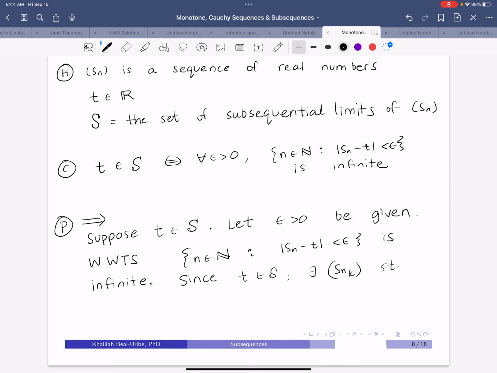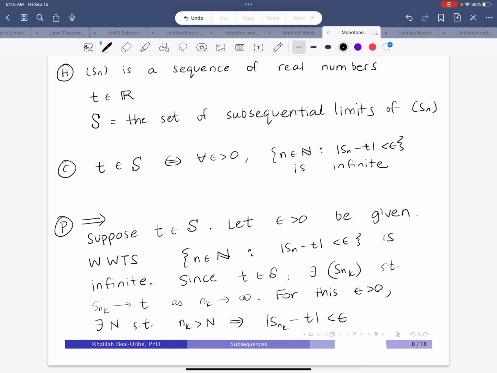Snk such that Snk converges to T. So there exists, for this epsilon, there exists an N such that nk bigger than N implies the distance between Snk and T is less than epsilon.